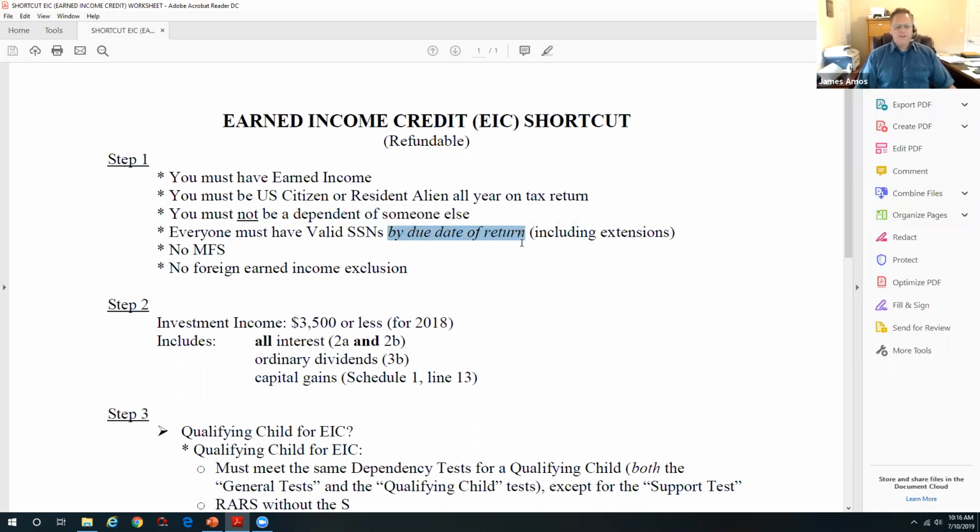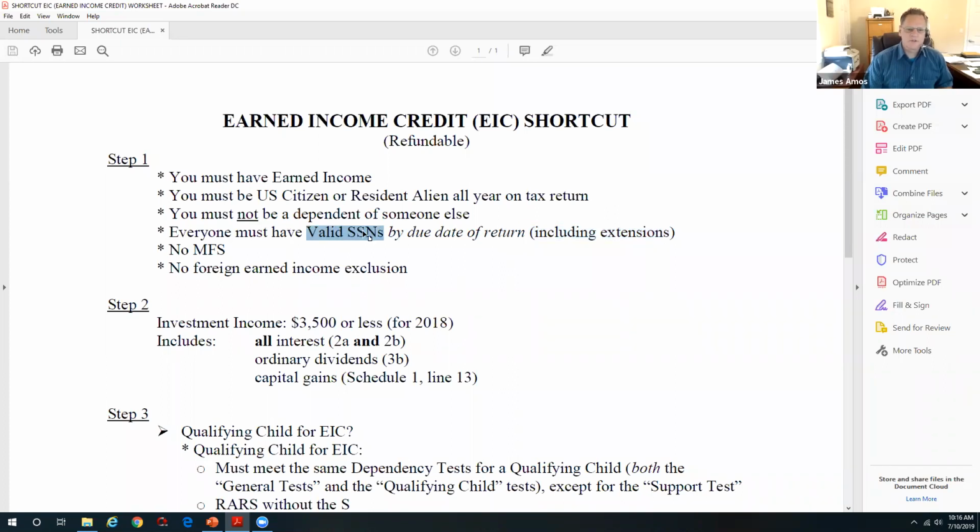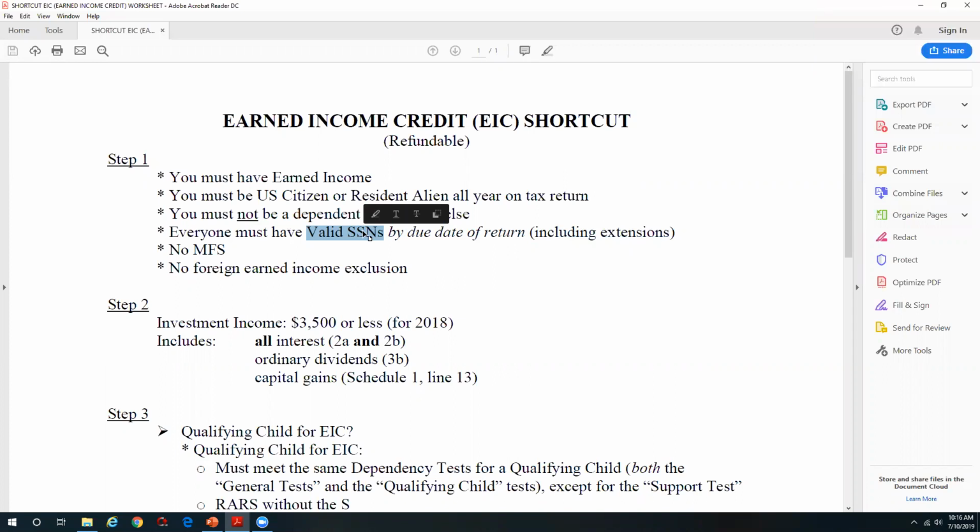So if you know your client is going after getting a Social Security number and you're coming up against April 15th, that's the normal due date of the return, it might behoove you to go ahead and get an extension and then wait for them to get that Social Security number. That way, by the time they file the return, everyone will have Social Security numbers and they can claim this credit. Does that make sense? Why you might do it that way? Yes. Okay. All right.